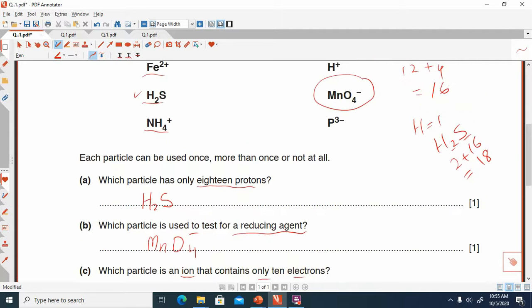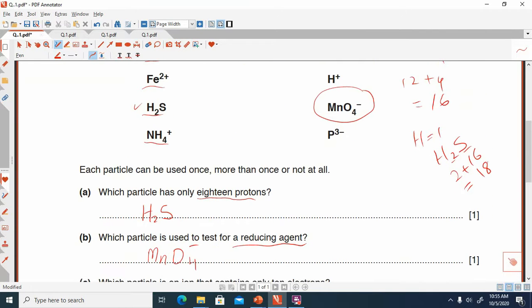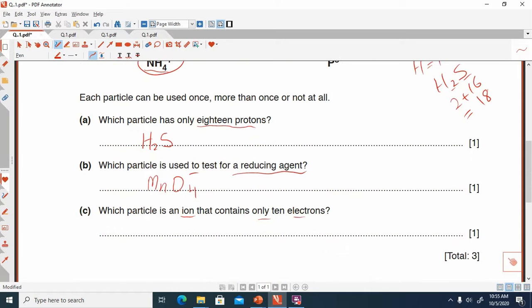The third one is which particle is an ion that contains only 10 electrons. Suppose these are different ions, we take the example of the ammonium ion. Nitrogen has 7 electrons plus hydrogen has 4 electrons, so that will be equal to 11. But look here, it is positive, meaning it has lost 1 electron.